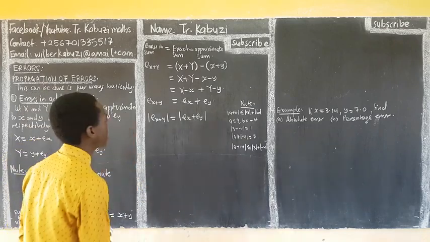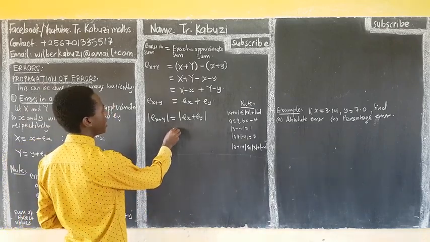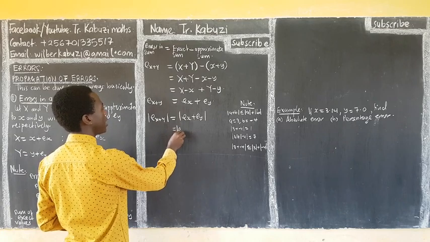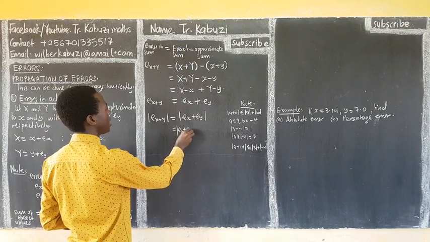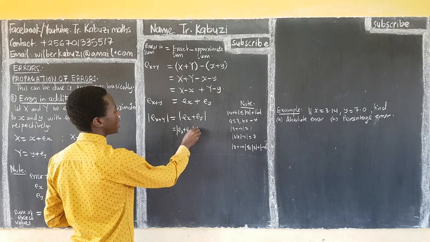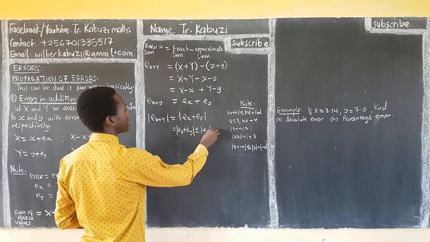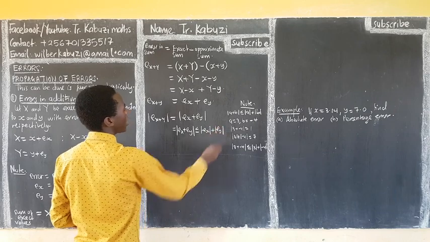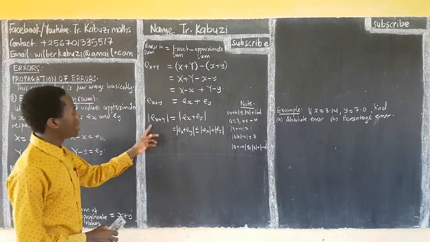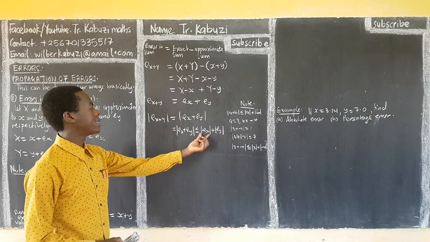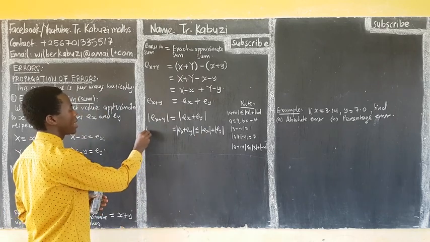When I have that, I'm going to say this one is equal to ex plus ey, but this one is less than or equal to the magnitude of ex plus the magnitude of ey. Now, if this is equal to this, and this is less, this is the step we have here.